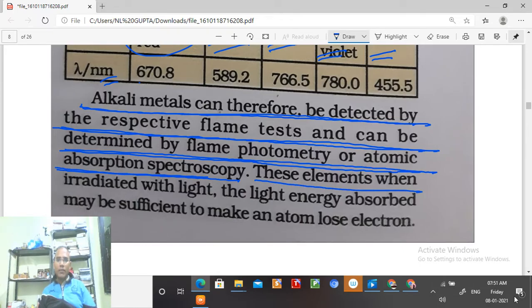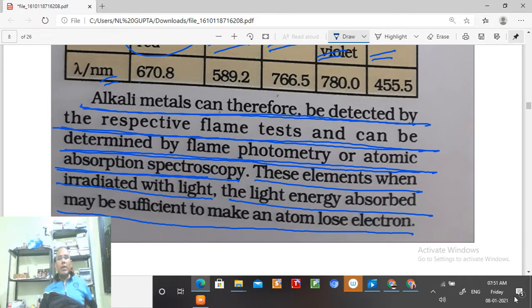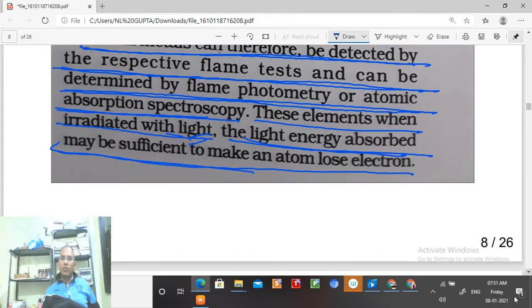These elements, when irradiated with light, absorb light energy that may be sufficient to make an atom lose an electron. So that is why they are used in absorption spectroscopy.